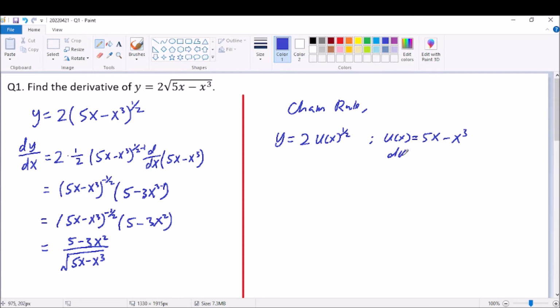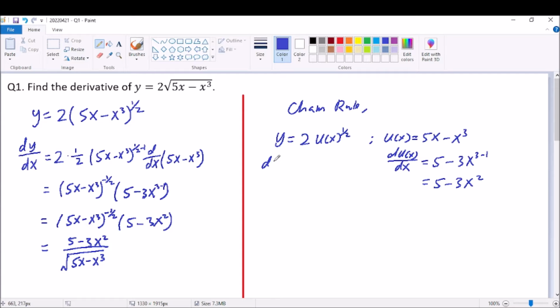So du over dx equals 5 minus 3x to the power 3 minus 1, so we have 5 minus 3x squared.